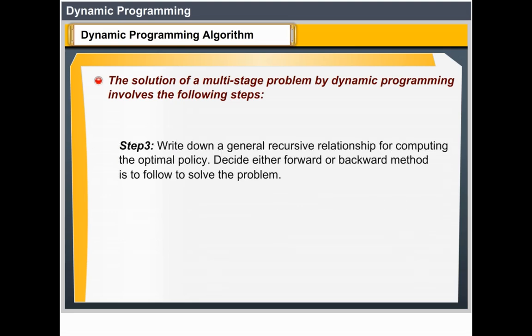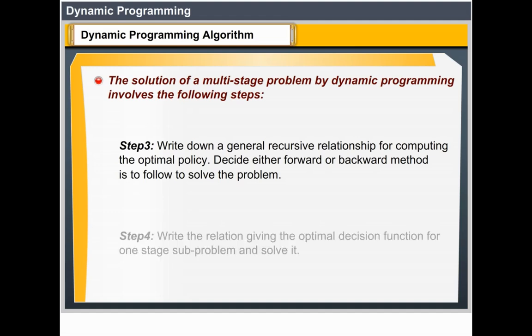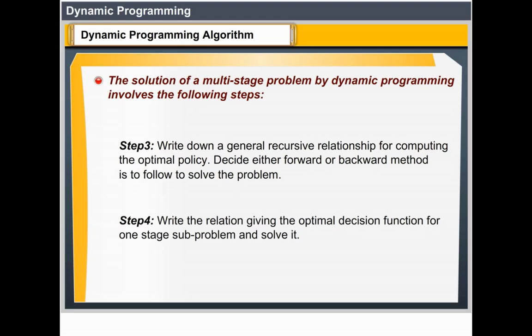Step 3. Write down a general recursive relationship for computing the optimal policy. Decide whether the forward or backward method is to be followed to solve the problem. Step 4. Write the relation giving the optimal decision function for the one-stage subproblem and solve it.